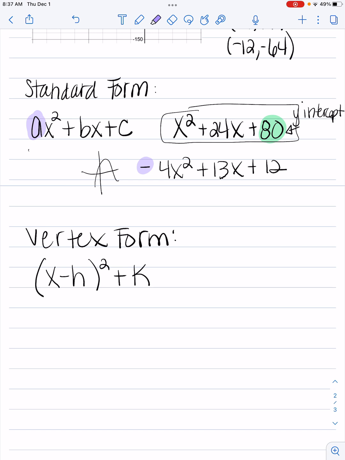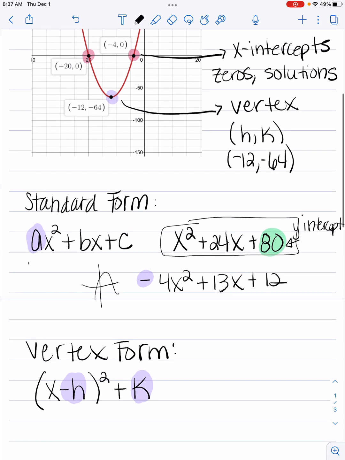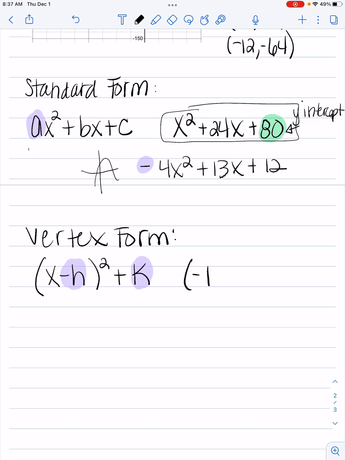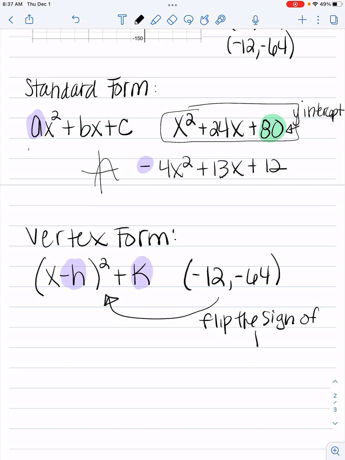Okay, a couple things to remember about vertex form. When you're placing in vertex form, we're going to look at the h and the k. So I'm going to rewrite the vertex from this equation up here. So it was negative 12, negative 64. When I take the vertex from the Desmos graph and I want to write it in this equation, I have to remember to flip the sign of the h value.